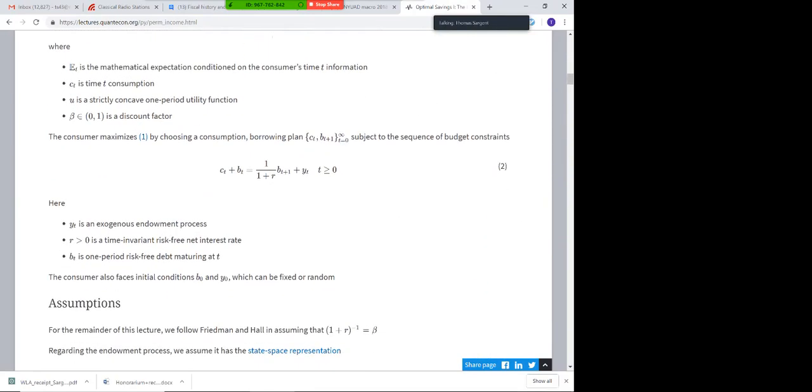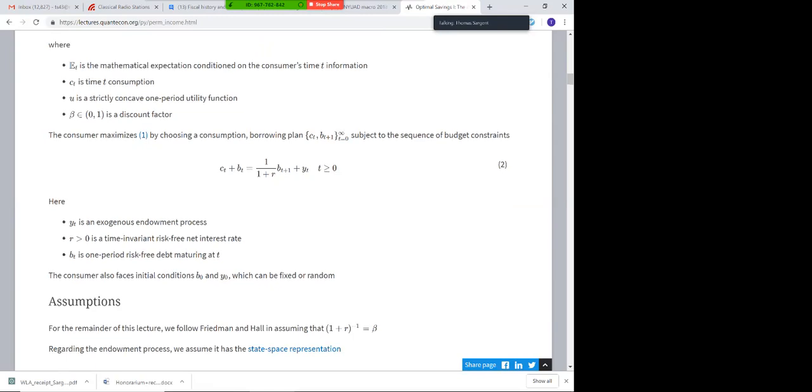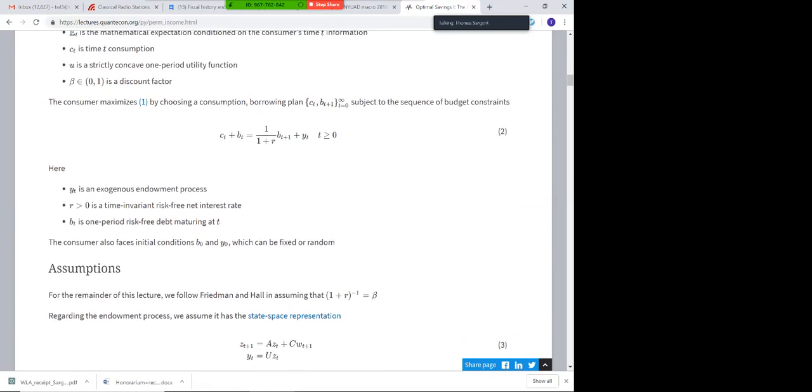I've written the budget constraint a little bit differently, but there's y_t and there's c_t. The timing is slightly different about when you receive the interest. This is essentially a version of our budget constraint. Not everyone writes the budget constraint in exactly the same way, and it just hinges on when the interest is paid on your current savings.